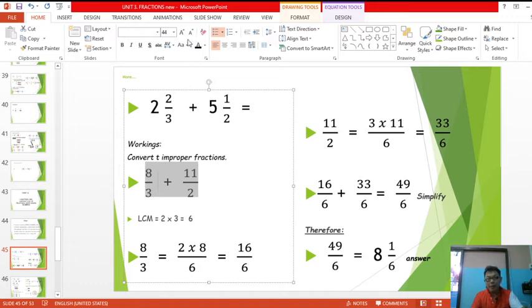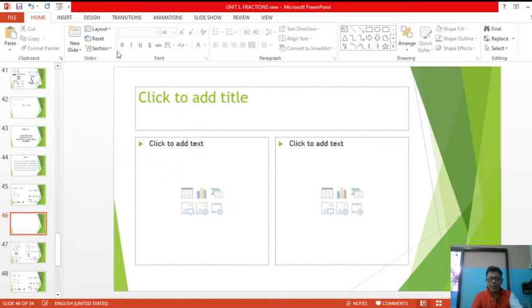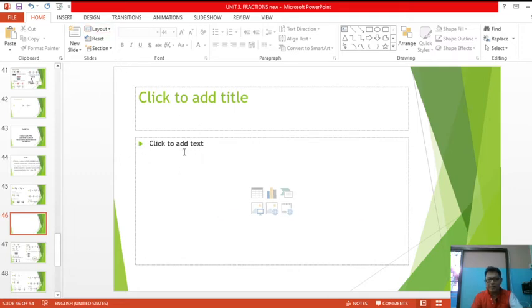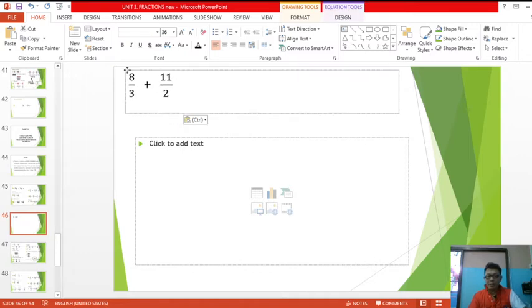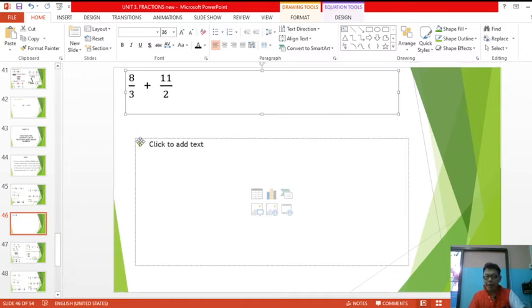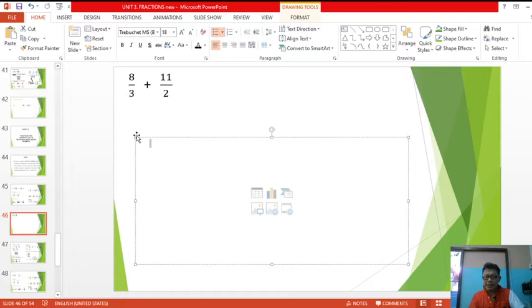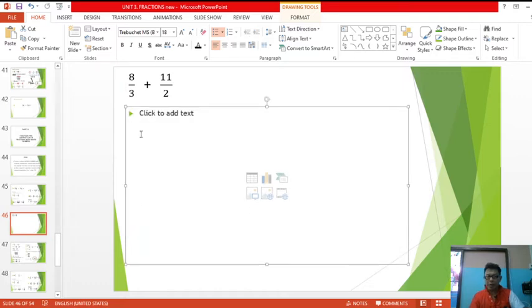Let's change the layout. Okay, that's much better. So this is the problem now: 8/3, the converted fraction from a mixed number to an improper fraction. So don't be confused. Let me move that up and make this bigger.